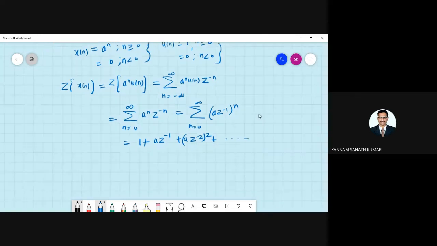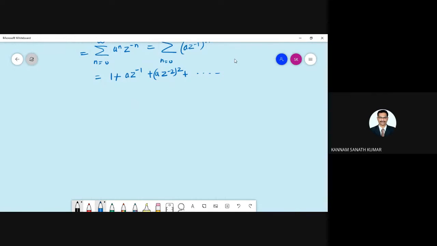So what is the basic formula for 1 plus r plus r square and so on, the sum of the infinite series? You will get 1 by 1 minus r, such that r is less than 1. So it is convergent for r less than 1.